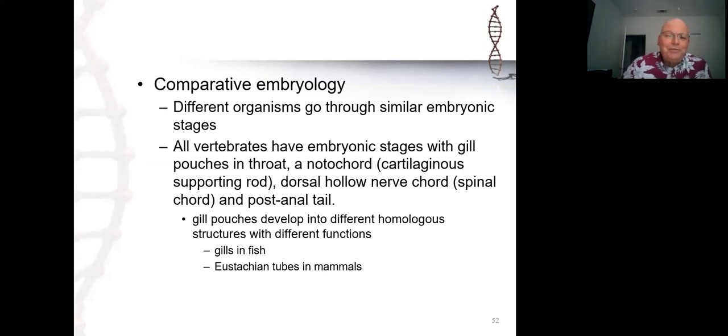I've talked about the loss of the postanal tail, but some of our ancestors do still have tails. So remember, we belong to the apes. We belong to the great apes, a group, most of whom have lost the tail, but one of the apes, sometimes referred to as a lesser ape because it does have a tail, is the siamangs, the gibbons.